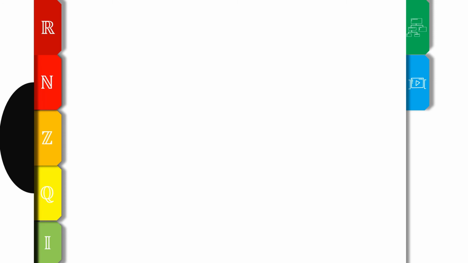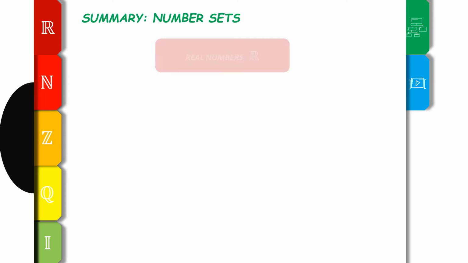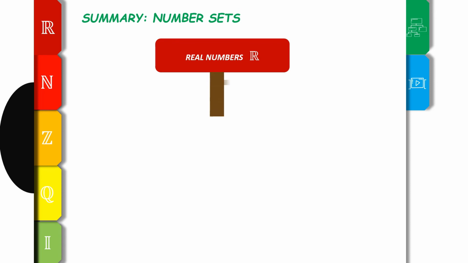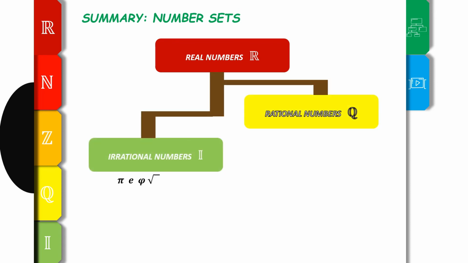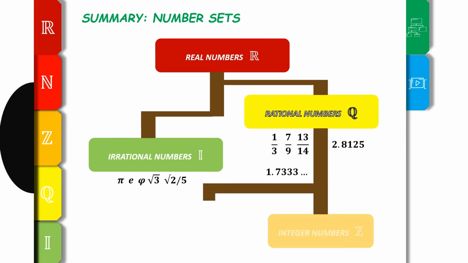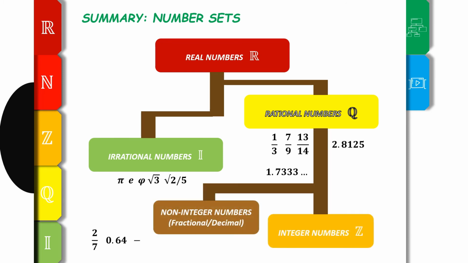So let's summarize what we have learned today. We have the real number set, which is divided into the irrational and rational sets. At the same time, the rational set is divided into the integer set and the non-integer fractional decimal expressed numbers, positive and negative.